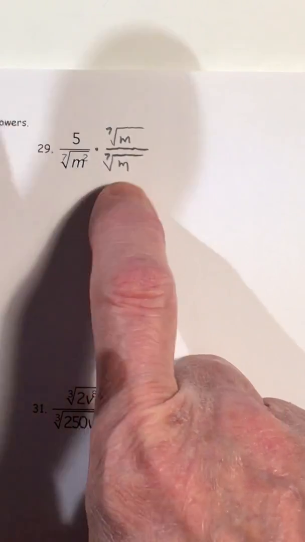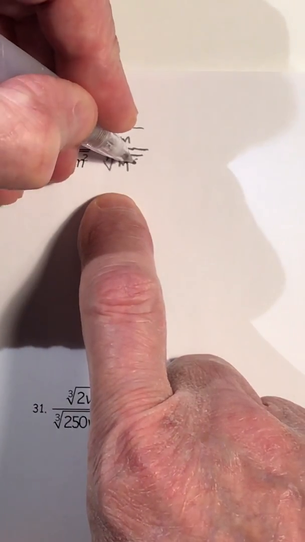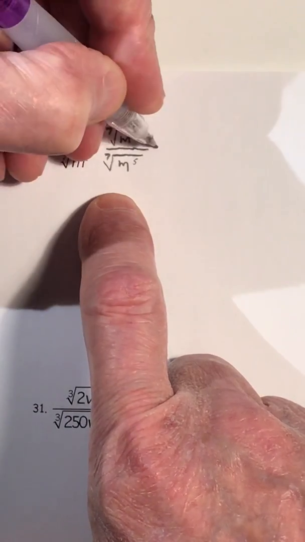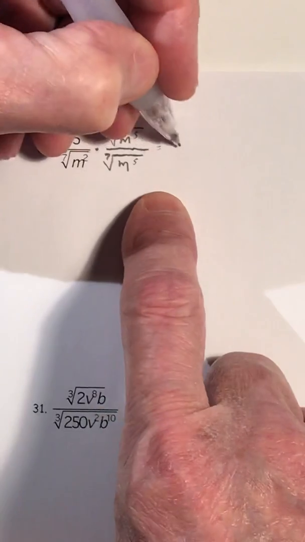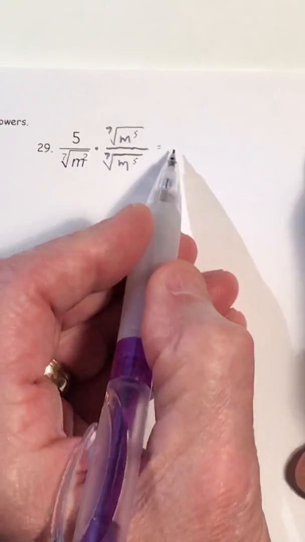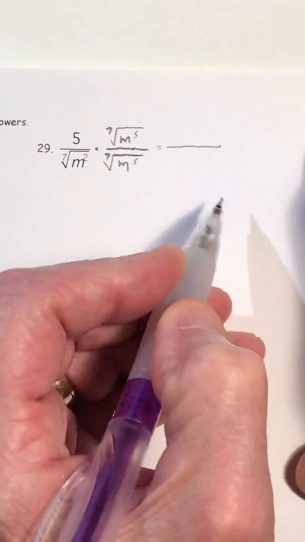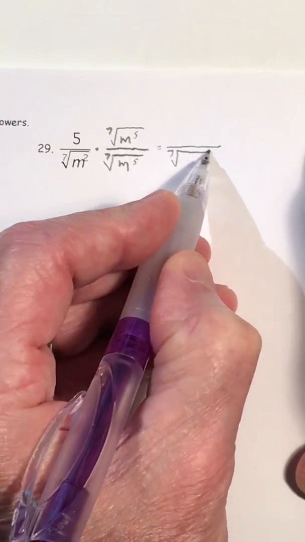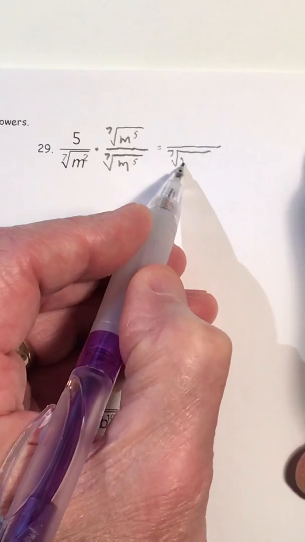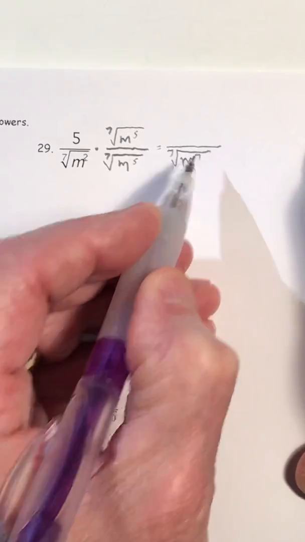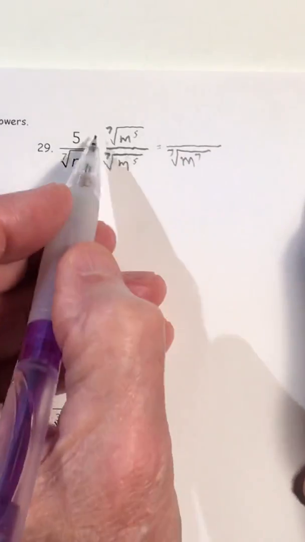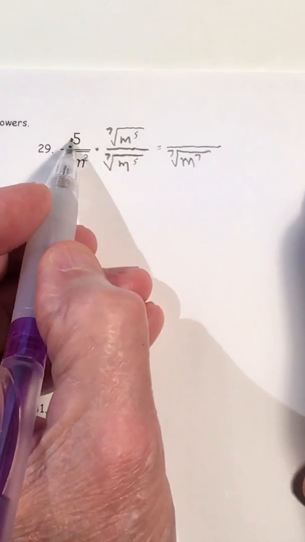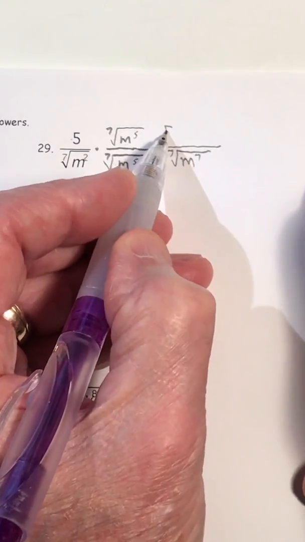M to the 5th. So after multiplying the denominator here, we'll have 7th root of m to the 2 plus 5 is 7. See how that worked?